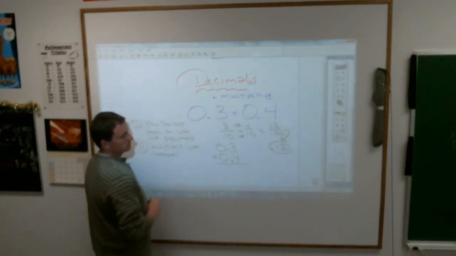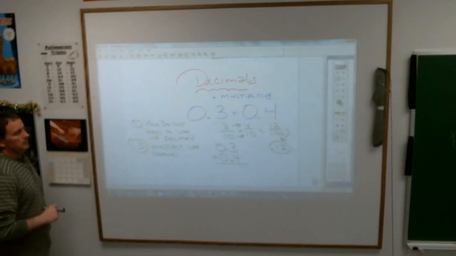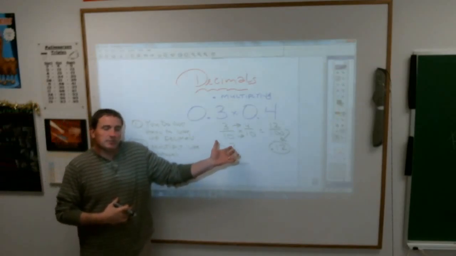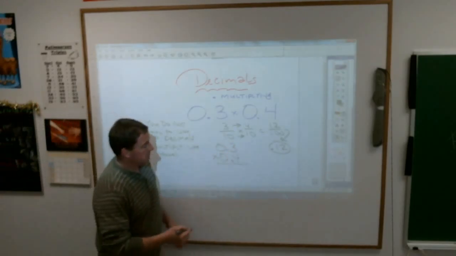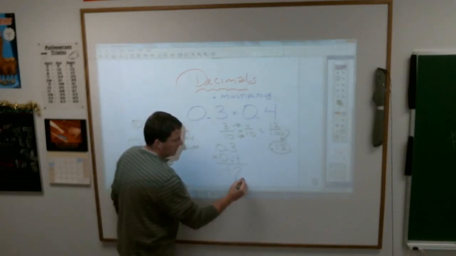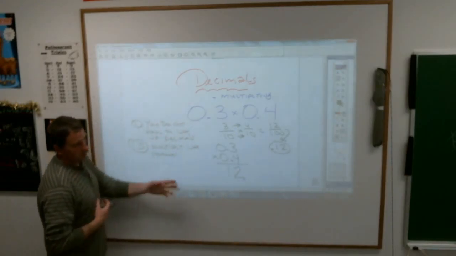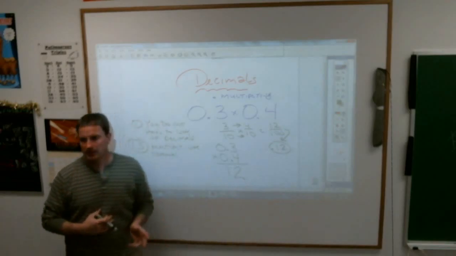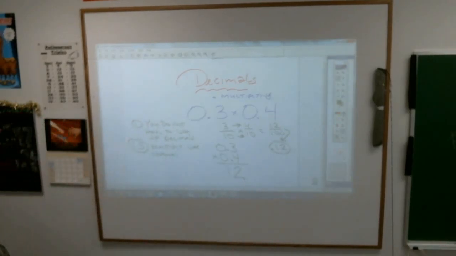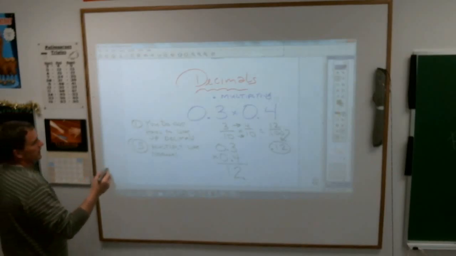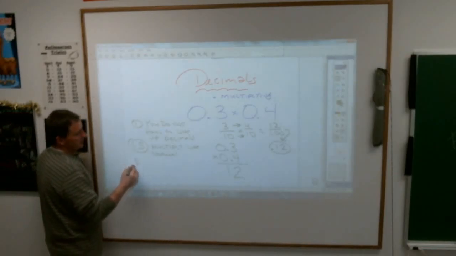I multiply like normal, and normal is 3 times 4. What's 3 times 4? 12. Which is the 2 digits I do have right there. I know 12 is going to be in my answer somewhere. Now the problem is to figure out where the decimal point goes.